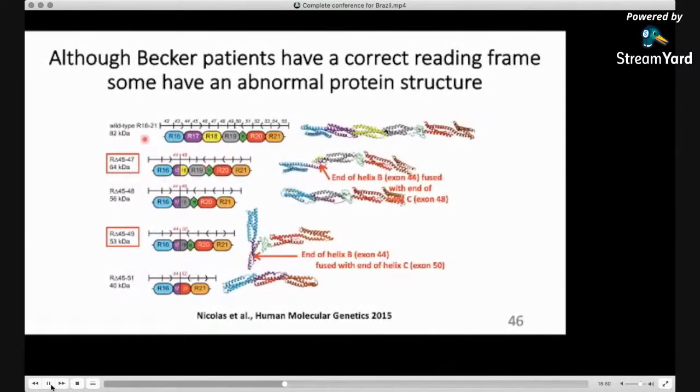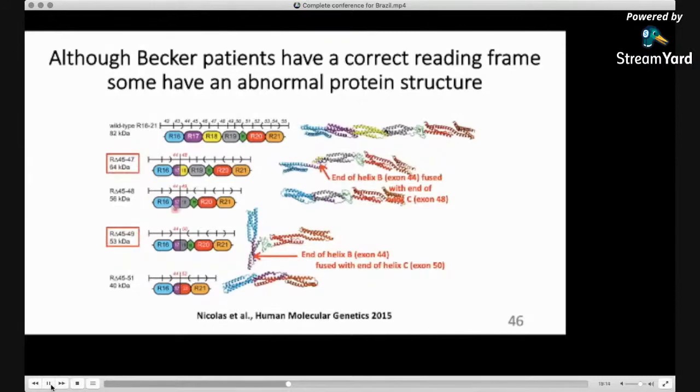Becker muscular dystrophy patients have a deletion of one or several exons, but the total number of coding nucleotides which are deleted is a multiple of 3 nucleotides, and thus there is no frame shift. This is the case, for example, for Becker patients having a deletion of exon 45 to 47 or a deletion of 45 to 49.